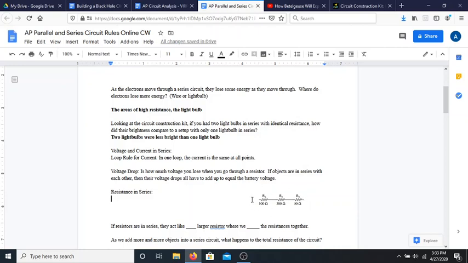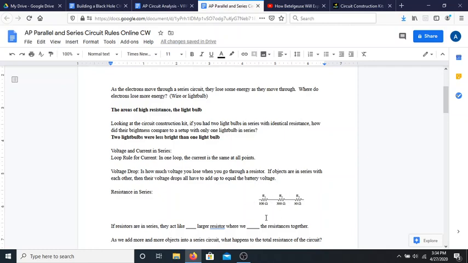According to the electrons, they can't really tell if there are three resistors or not, especially with this magic box. But what they know is that they have to drop off energy every time they go through these resistors.